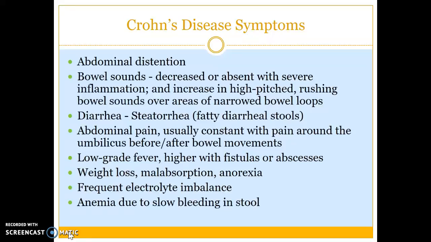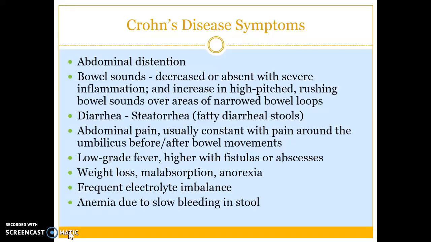They of course will also have diarrhea, but it will have a fatty content to it called steatorrhea. They often have abdominal pain that is usually constant around the umbilicus before and after bowel movements.